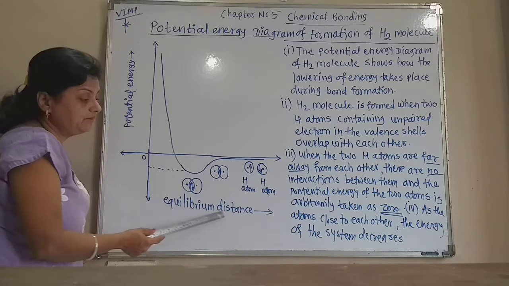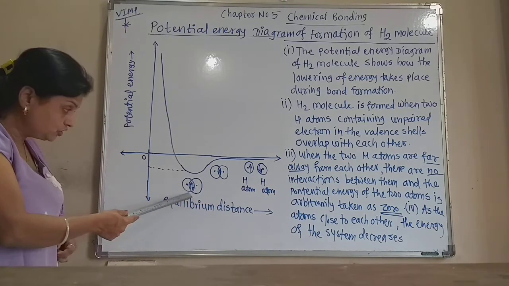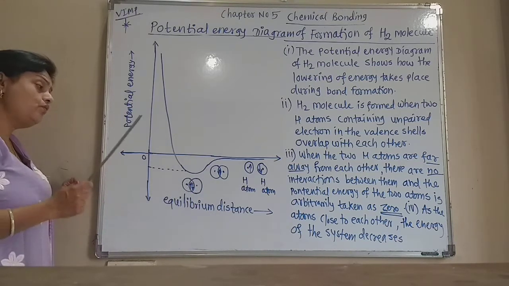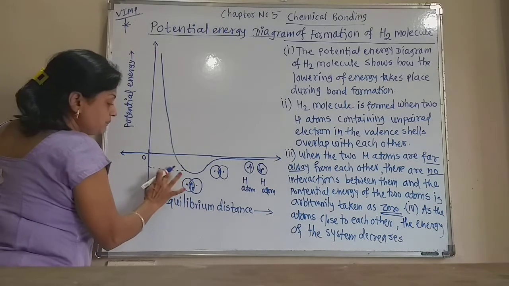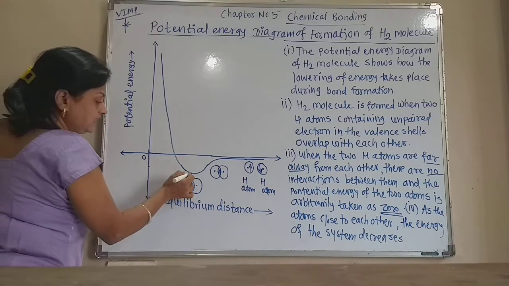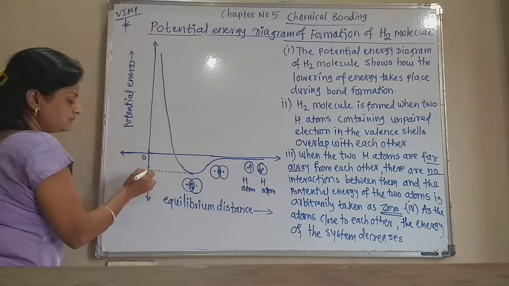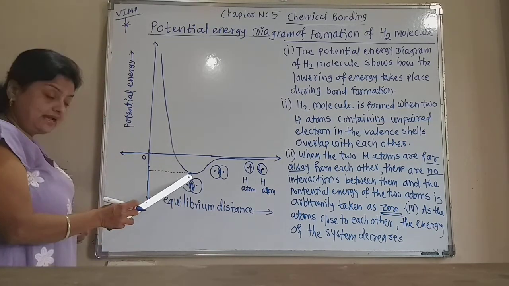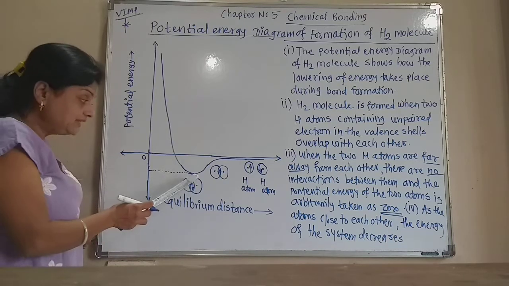As they come closer to each other, their internuclear distance, that is the equilibrium distance, decreases. One time comes when the internuclear distance between them is sufficient such that no interacting forces act, that means bond formation takes place, and there is no further interaction between them.